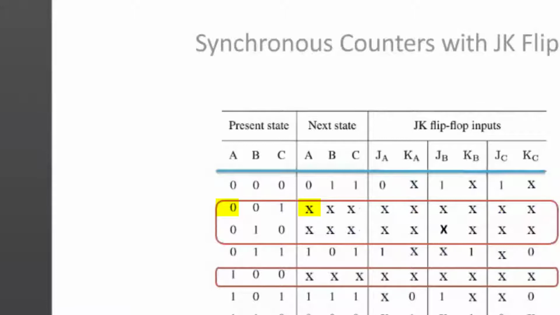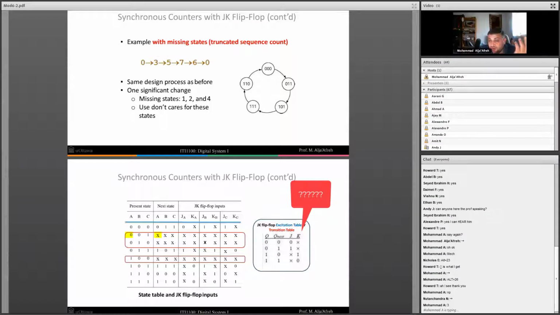Look at Q next and Q present. It was 0, it became X. Do I have anything? No. So again, I'm going to put X. I'm not going to bother my head about whether to put 1 or 0. Just put X, and then at the Karnaugh map, you're going to use the X to your favor.